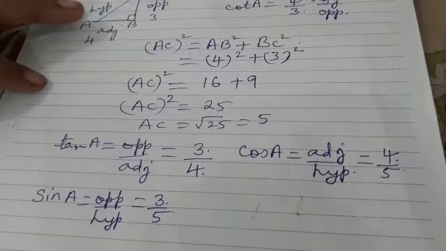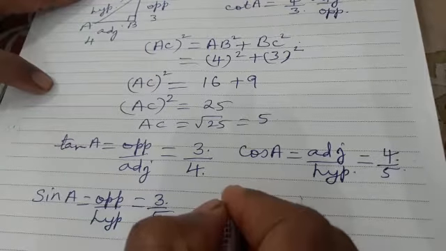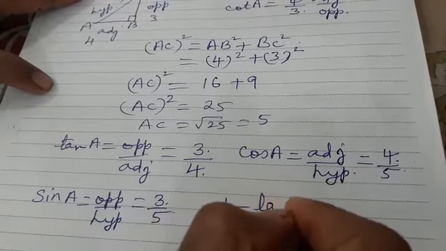Okay, now let us solve this. Let us check whether 1 minus tan square A. Tan square A is 3 by 4 squared, which is 9 by 16.